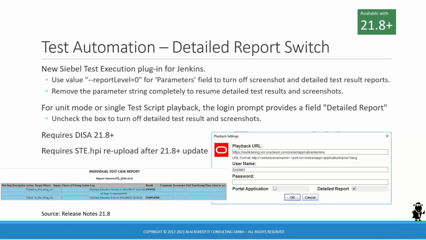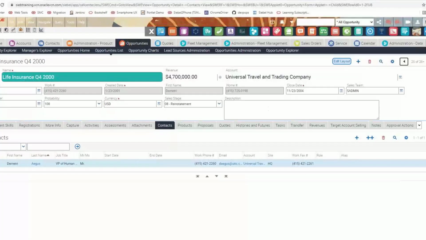So I wanted to try it, and found you have to update DISA as well to 21.8, and you have to install a new version of the Jenkins plugin. I got this just installed on the machine, so I can show it live.